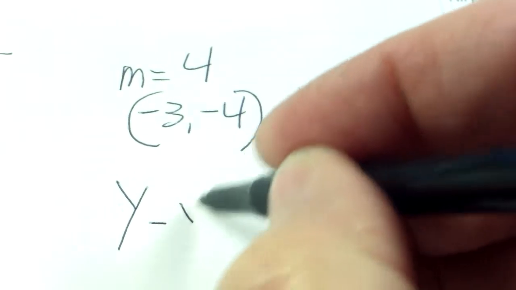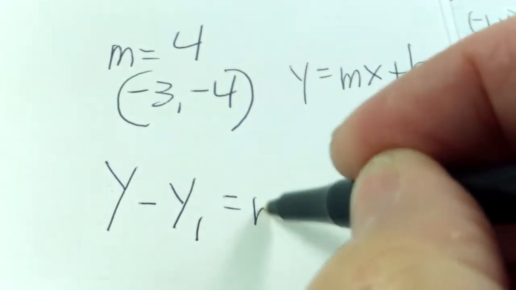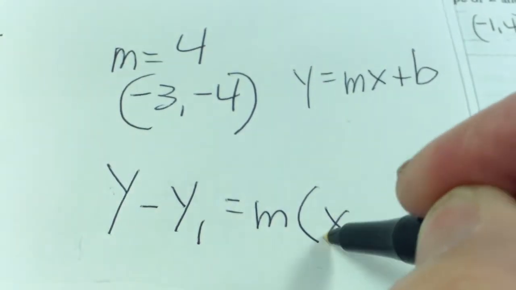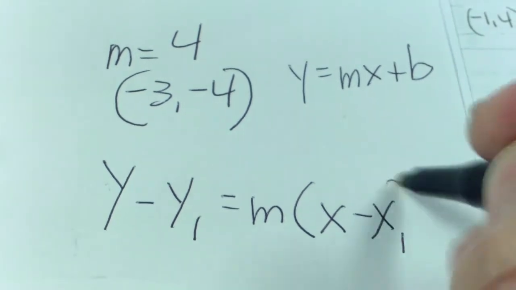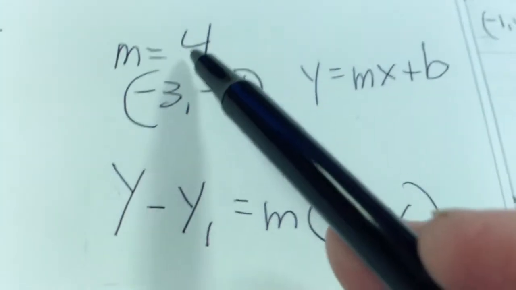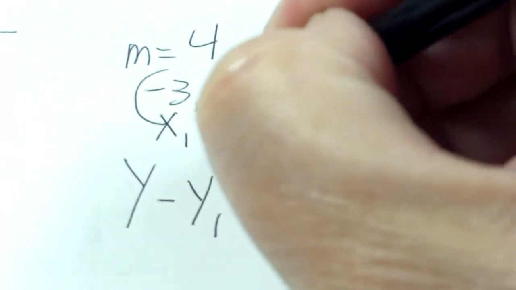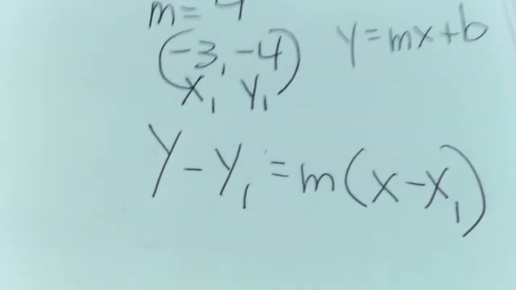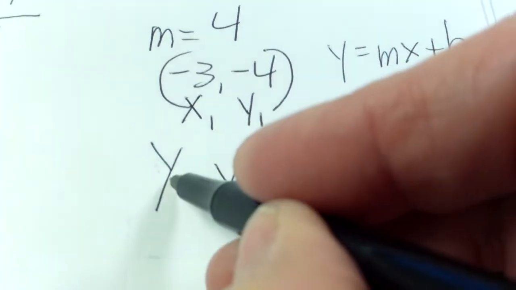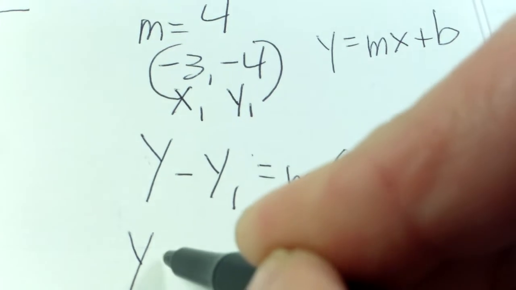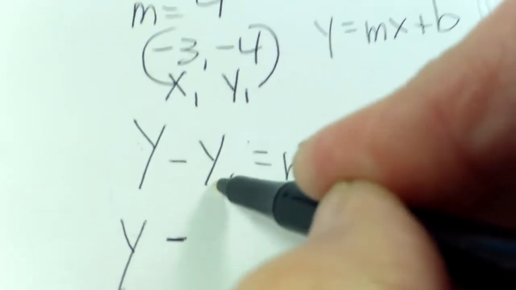Y minus y sub 1 equals m times the quantity x minus x sub 1. We know what our slope is because we were given that, and that's going to go here. Now, we're going to label this x sub 1 and y sub 1. So this y stays plain old y. We're going to subtract y sub 1.